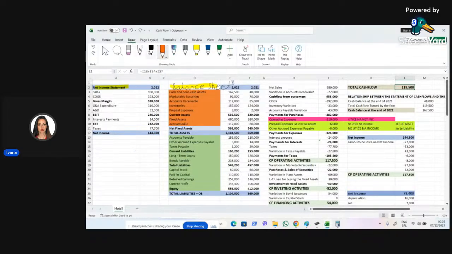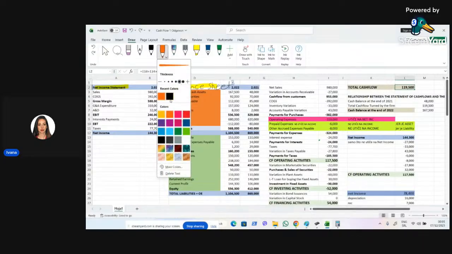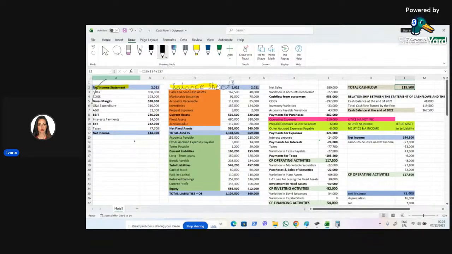So I will mark with a black pencil. Here is the net income, and here is the balance sheet.